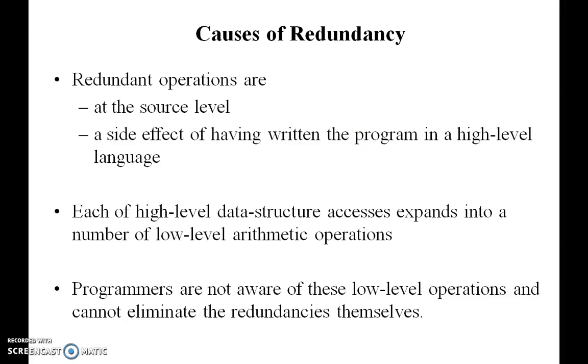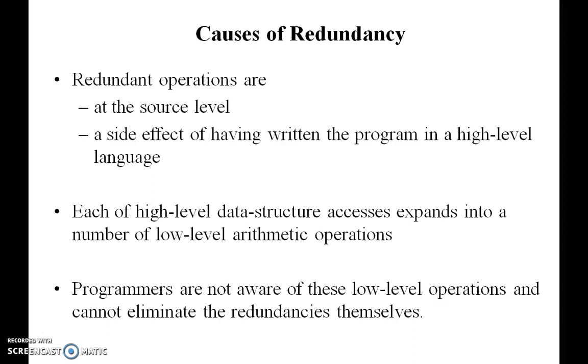What are the different causes of optimization? Mainly redundancy of data. The programmers may write codings, and at that time they may have repeated redundancy of data or functions in many places. For that, we have a lot of reasons.